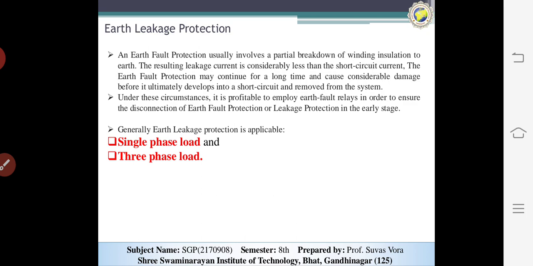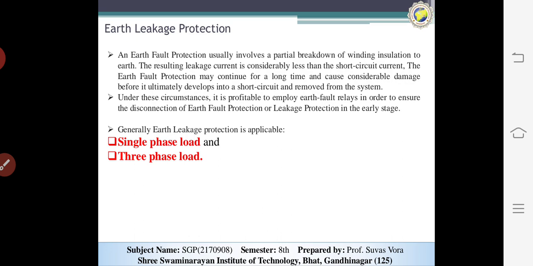Under these circumstances, it is profitable to employ an earth fault relay to ensure disconnection of the earth fault. This is the leakage protection stage.